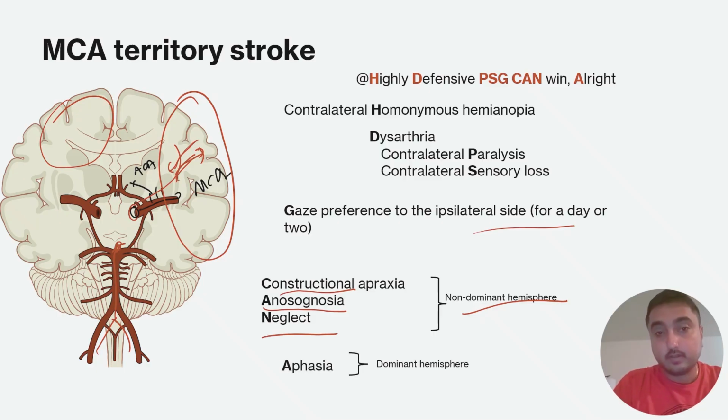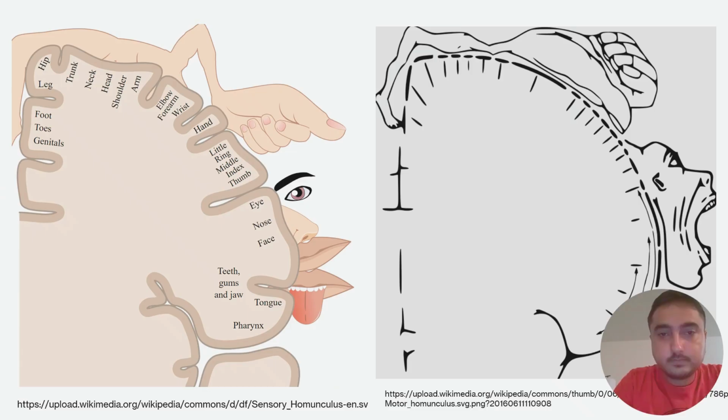And because of the involvement of the dominant hemisphere, that would be the left side in a right-handed person, there will be aphasia. We can remember this with this mnemonic that I've mentioned at the top: highly defensive PSG can win. Although I'm not a PSG fan or something, this mnemonic helps to remember all these manifestations.